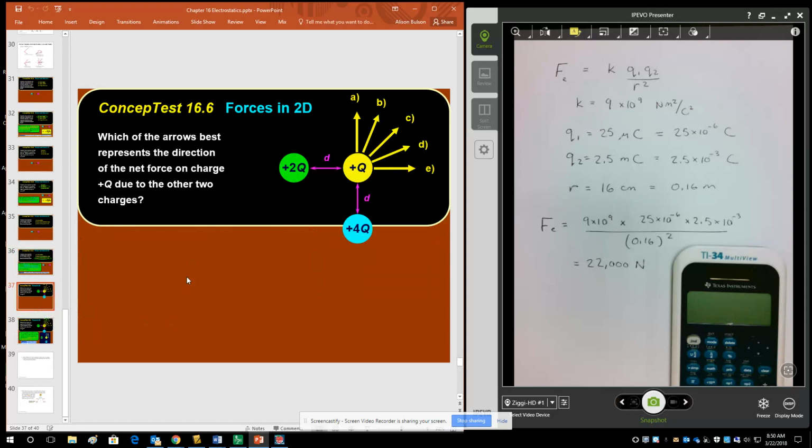So now we're looking at vector addition. Here we have 3 charges interacting. We want to figure out the net force on the yellow charge, plus Q. So I want you to consider the plus Q yellow charge and a plus 2Q green charge at a distance d, then the plus Q yellow charge and a plus 4Q blue charge at a distance d below. What direction do you expect the force to be?